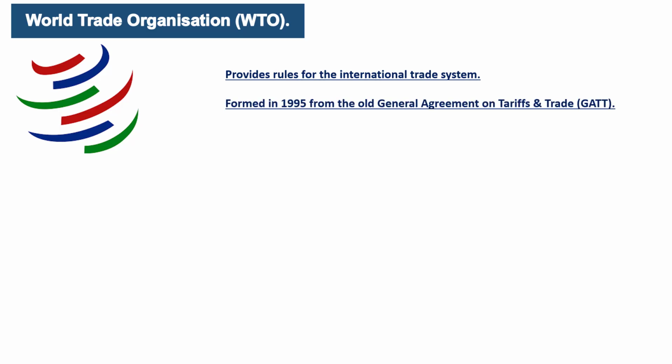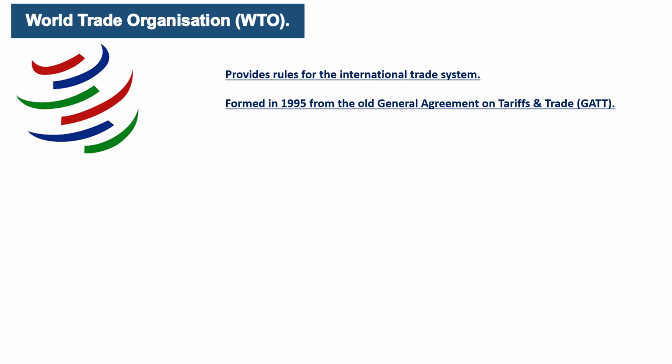The WTO was formed in 1995 from the old General Agreement on Tariffs and Trade, which is the GATT, which existed since 1948. Now, the GATT was a legal agreement between many countries whose overall purpose was to promote international trade by eliminating or alleviating trade barriers such as tariffs and quotas.